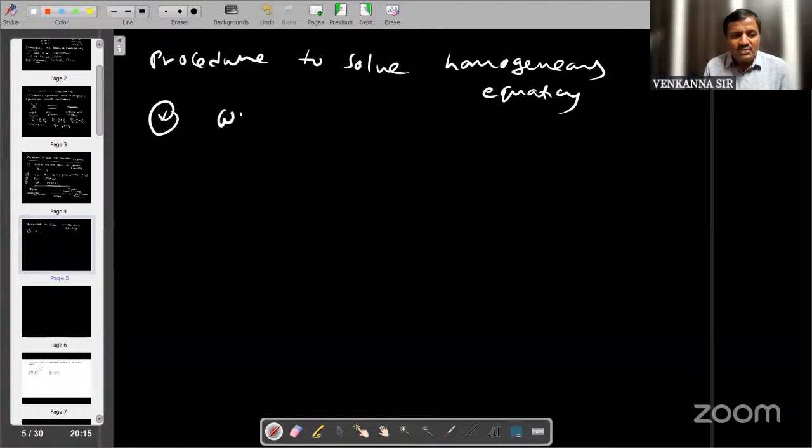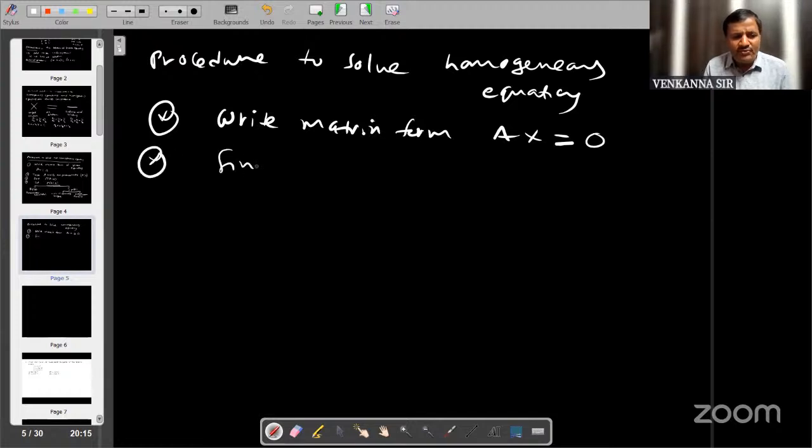Write matrix form of given equations. Ax is equals to null matrix. A is called coefficients, x is the variables, and the right side is a null matrix. Next step is find rank of A. No need to take augmented matrix. Just finding rank of A is enough.